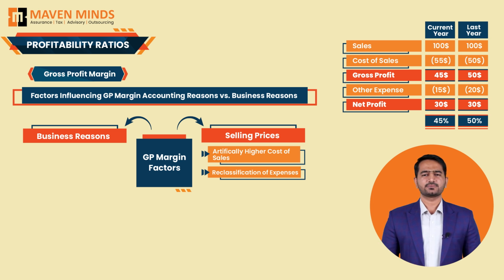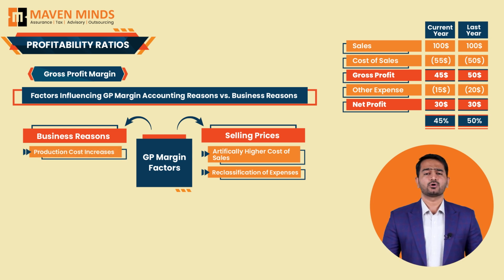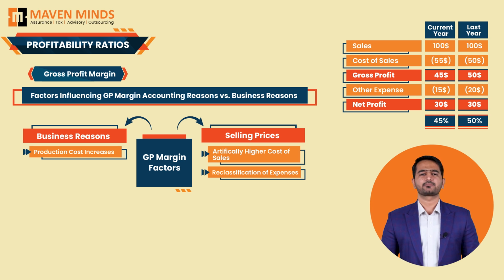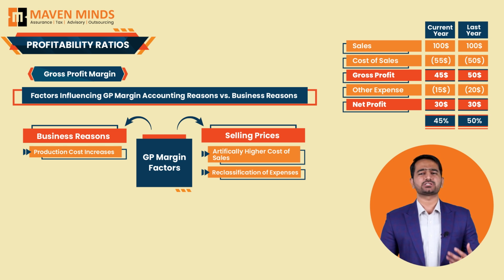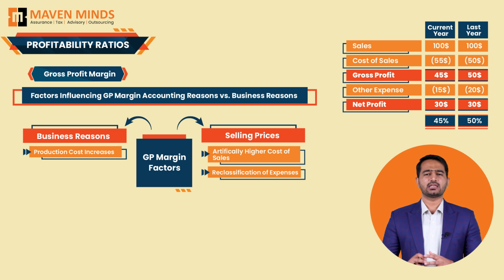On the business side, changes in GP margin might result from a number of business reasons. For example, if raw materials or labor or production overheads become more expensive and the company does not increase its selling price, GP margin will decline. Moreover, changes in the supply chain or fluctuations in availability of raw material can also lead to changes in cost structure and affect the profitability margin.